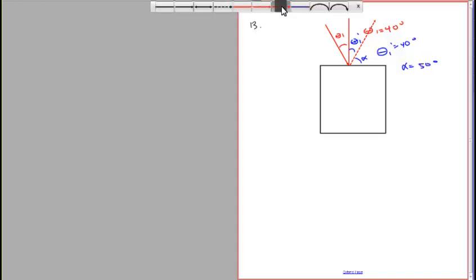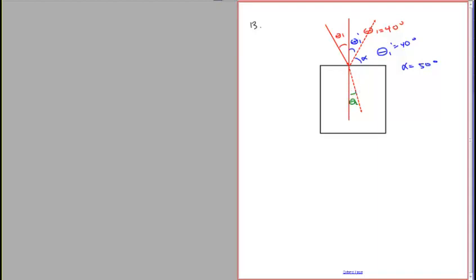Now, some of it's refracted, which means it goes through here, but because the ice has a higher index of refraction, it's going to bend towards the normal. And we can also extend this normal line in that direction. So this we'll call theta 2.